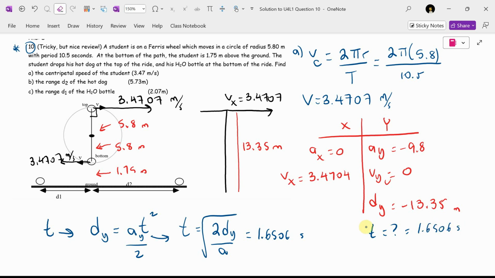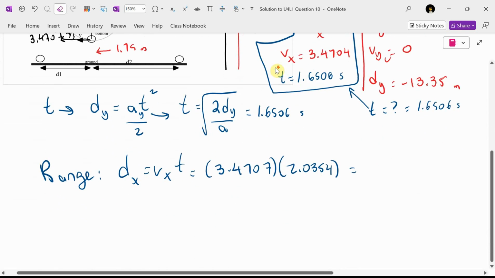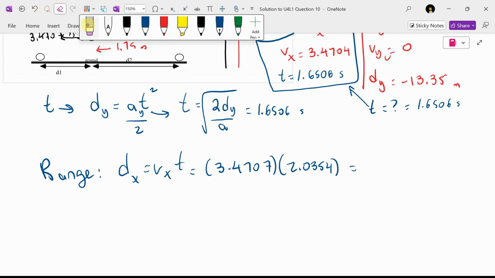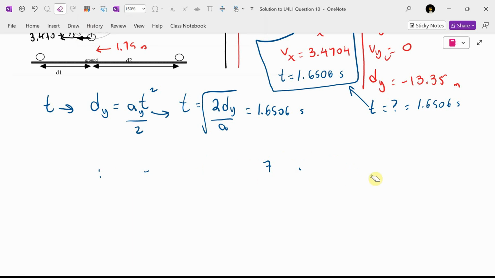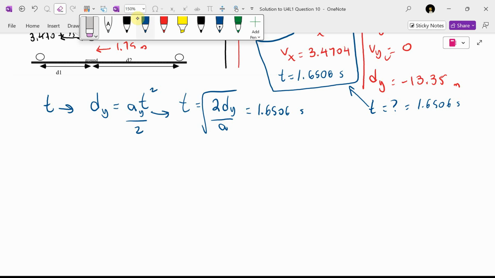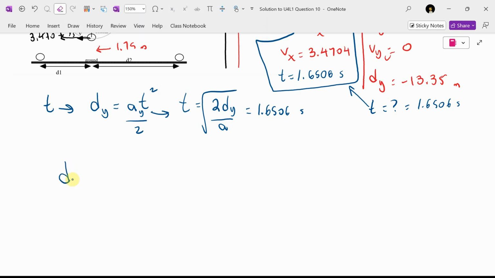Oh, and I can also put that in this column. And now I have 3 things, I can find the range. I can find dx. How am I going to find the range? The range dx is going to be vx t. What happened to the plus a half a t squared?